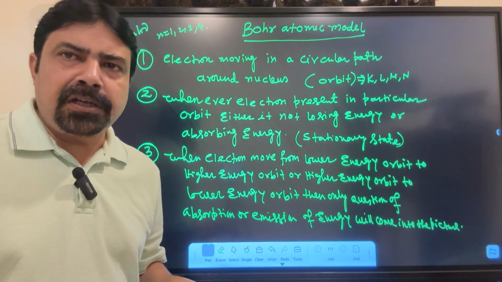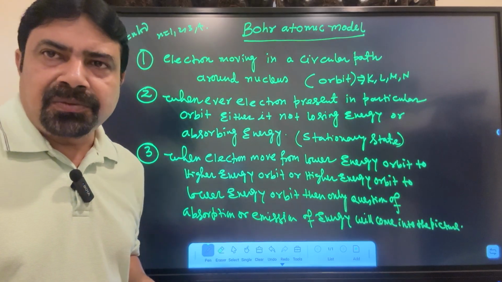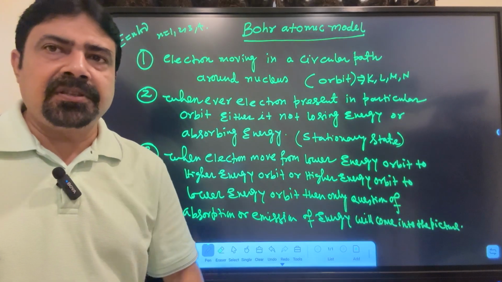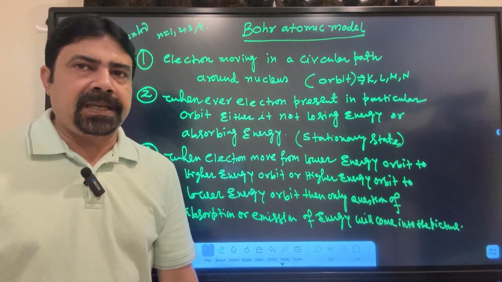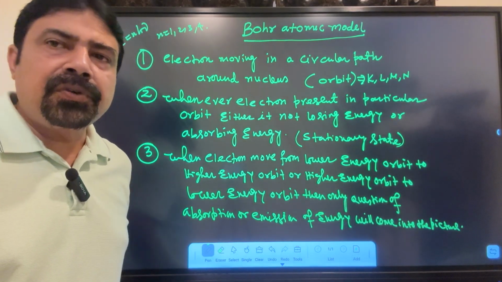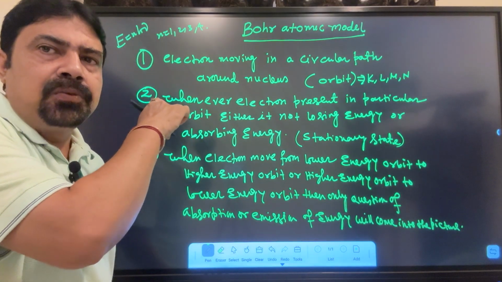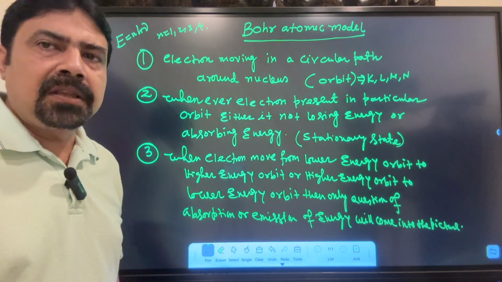It will never be 0.2 h nu or 0.3 h nu. It is discontinuous, not continuous. That is Planck's quantum theory of radiation. Later we will discuss these things and give more clarity on that.